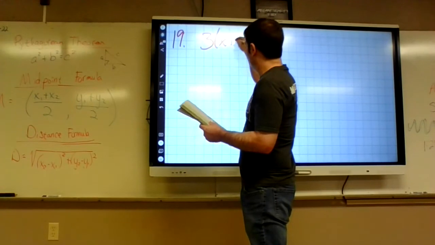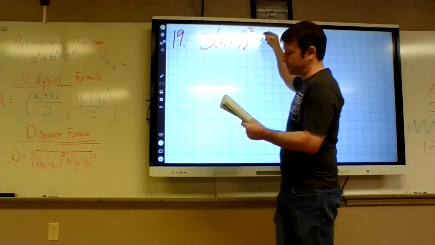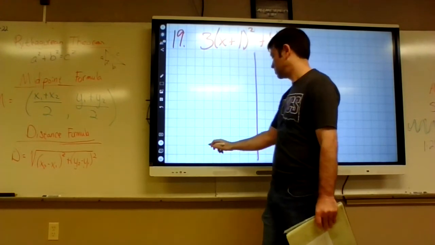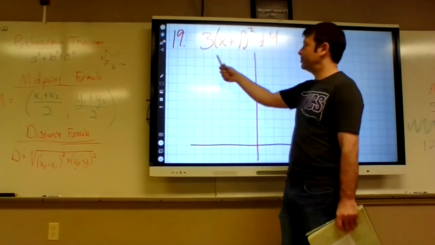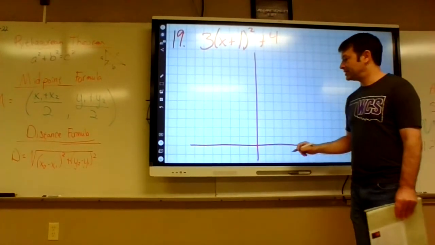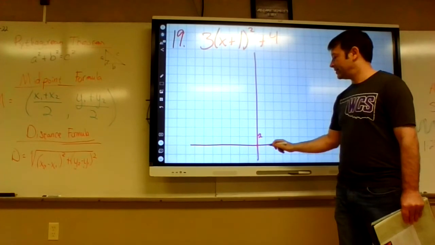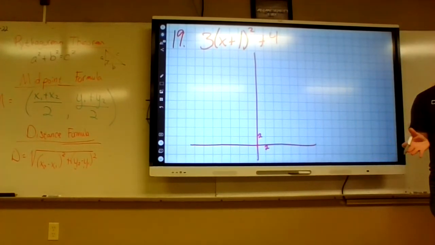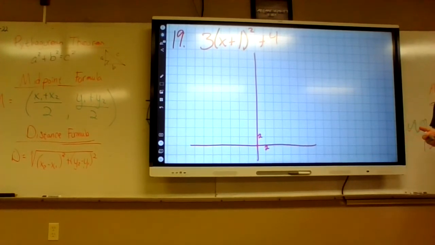But where is the vertex going to be for this one? I know it's going up because that's positive, so I put the x-axis down low. So the vertex is at -1, 4. Now here's the problem. If you're counting by 2s, you need to label your graph first. Just put a couple 2s out there. But when you go to graph -1, 4, you have to remember that you're counting by 2s.